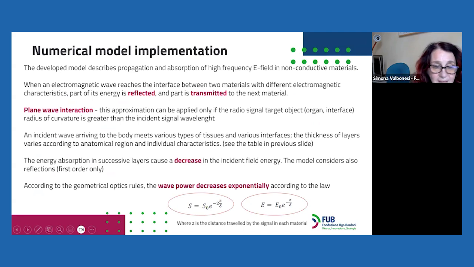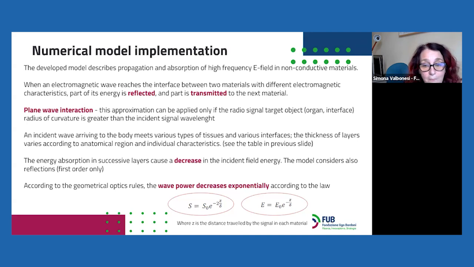Here we present finally the model. In this context, the electrical field propagation inside the human body for frequency from 26 to 100 gigahertz can be treated according to the geometrical optical rules at the interface between 2 different materials.